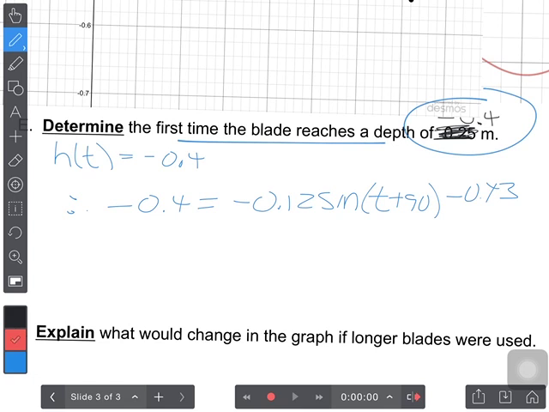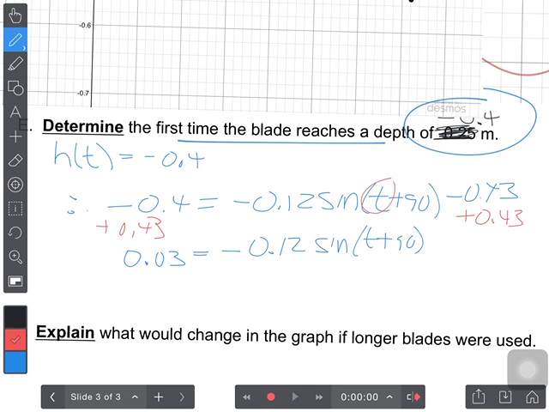We need to solve for t, so we've got to isolate. Using algebra, we're going to add 0.43 to both sides. That ends up with positive 0.03 equals negative 0.12 sine of t plus 90. Now we're going to divide by negative 0.12.